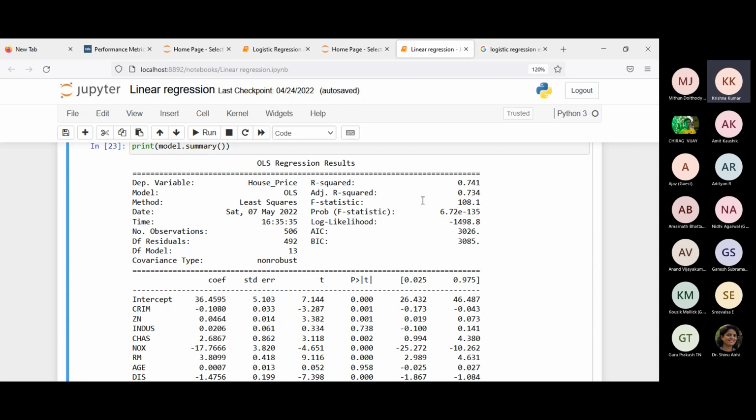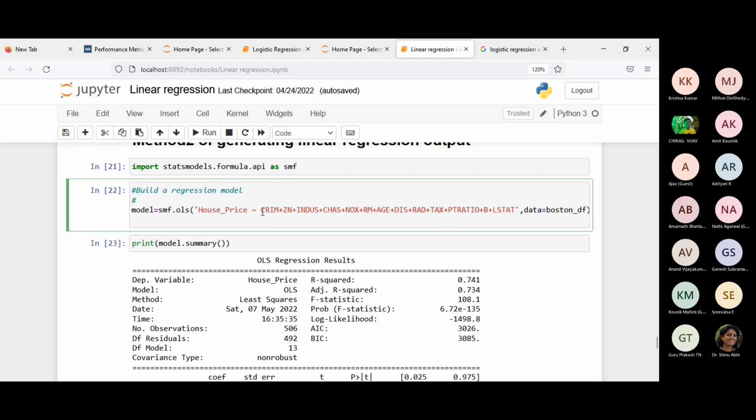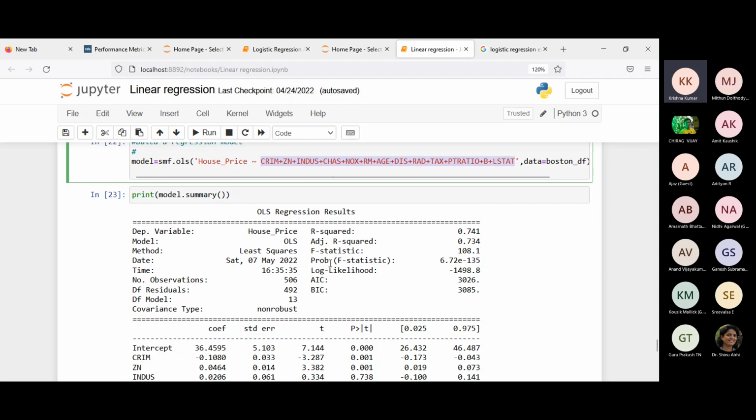Sir, before going to R square, are all the variables on the right hand side of the OLS categorical? No, they're all numeric. I remember something similar from ANOVA. This has got nothing to do with ANOVA. This is a completely different data set.